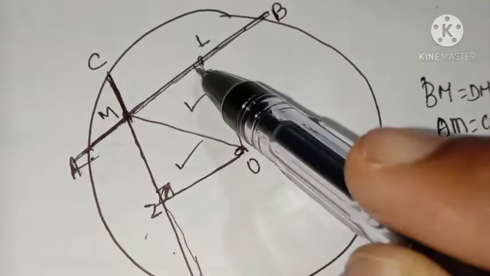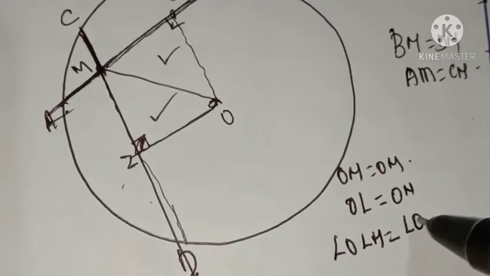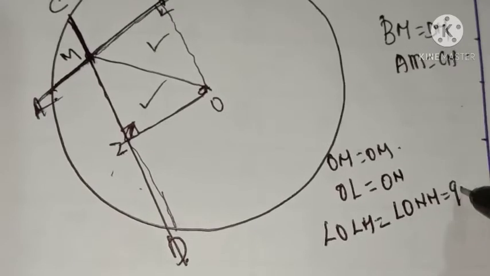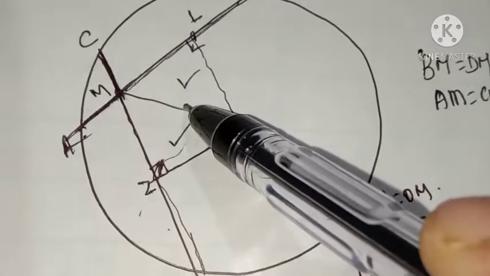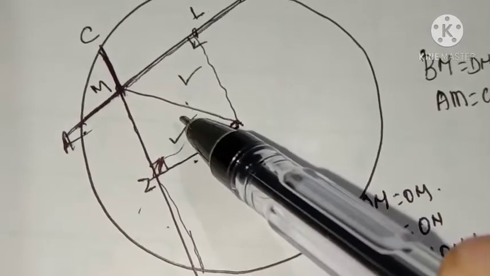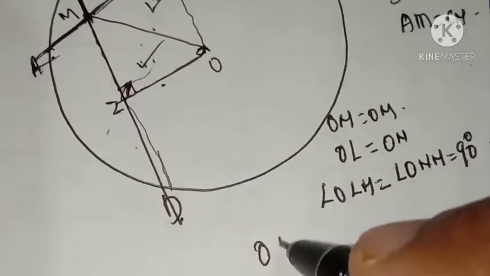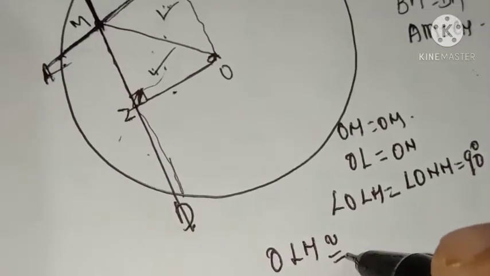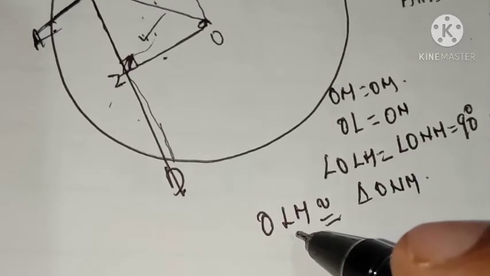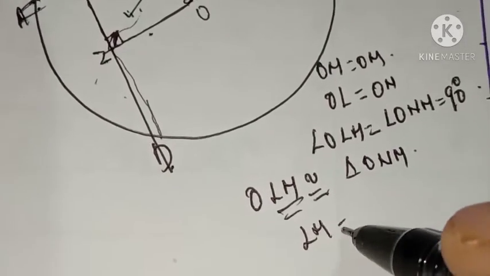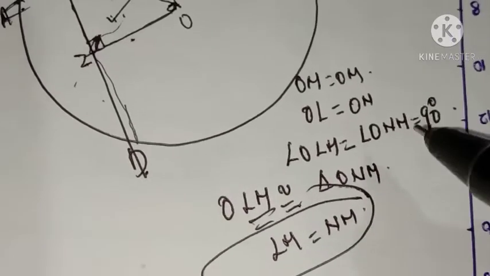Now angle OLM and angle ONM are both equal to 90 degrees. So we have right angle triangles with hypotenuse and one side equal. Therefore by the RHS congruence rule, triangle OLM is congruent to triangle ONM. Applying the CPCT rule, LM is equal to NM.